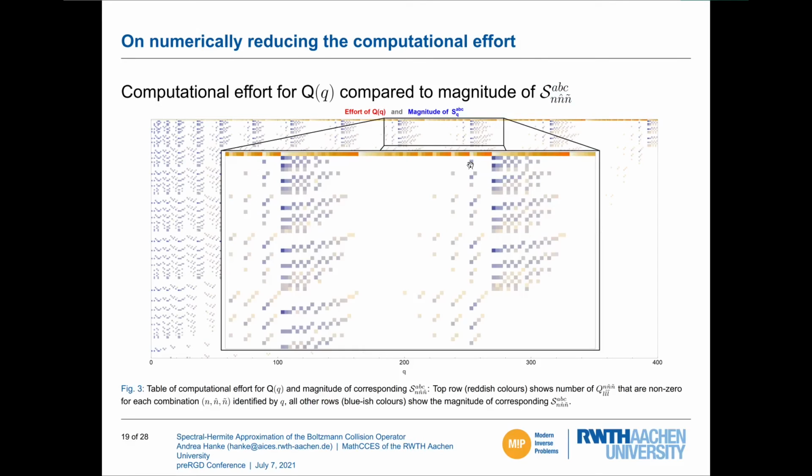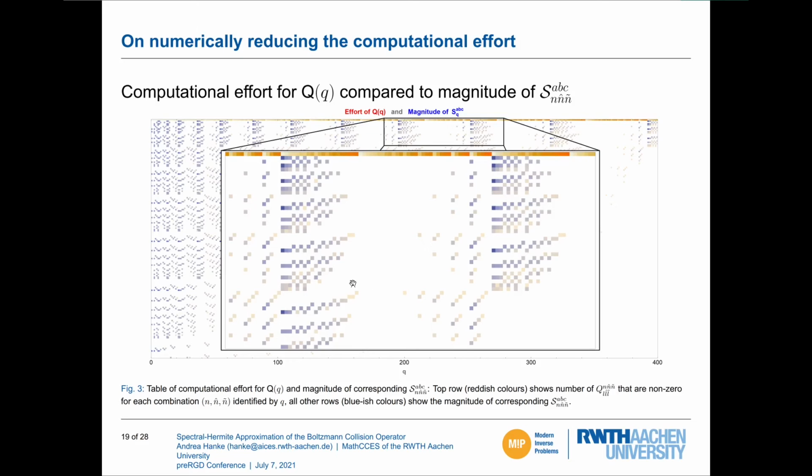And let's zoom in a little bit, and then we can see what I mean by numerically reducing the computational effort. All the dark blue squares, for example here, show a high value of our physical parameter S. Whereas all the light colors show a fairly small number of S. For example, here we have a fairly red column, and in this red column we can see there are a few coefficients of S, but they are fairly small.